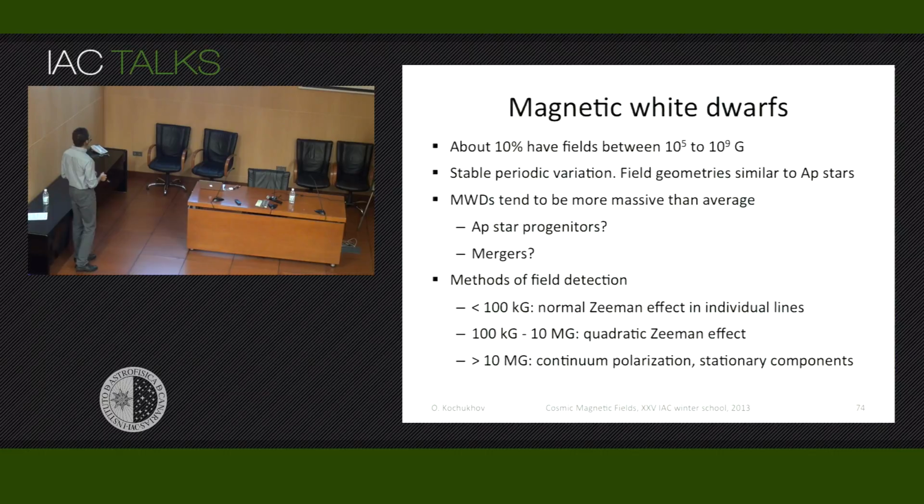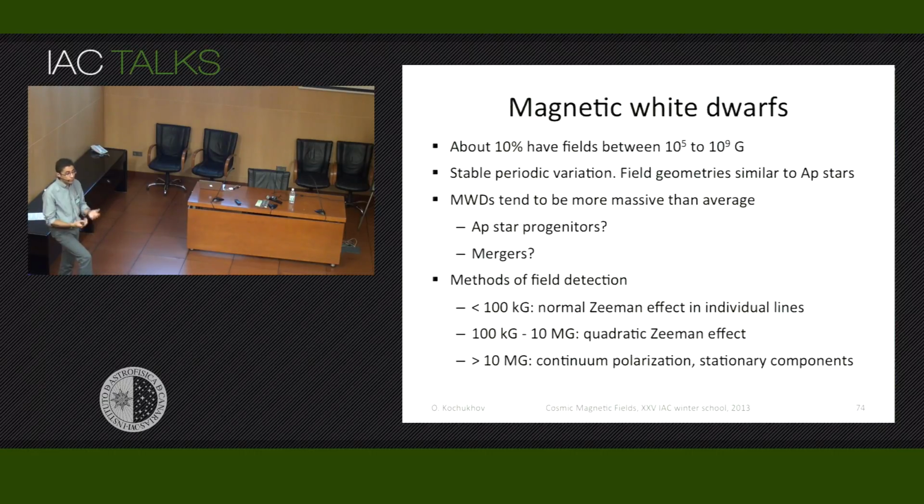And for fields above 10 megagauss, we start getting continuum polarization, and the spectrum becomes completely unrecognizable. The Zeeman shifts of spectral lines are thousands of angstroms, and in fact we are in the regime where the magnetic field is no longer a small perturbation to the Hamiltonian of an electron in an atom.